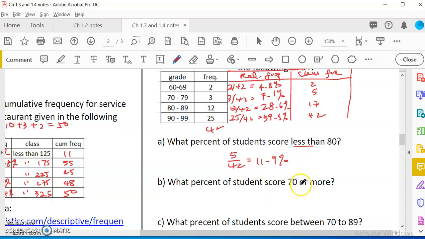What percent score 70 or more? When we do more than, I cannot use the less than numbers. So this is 70 or more.